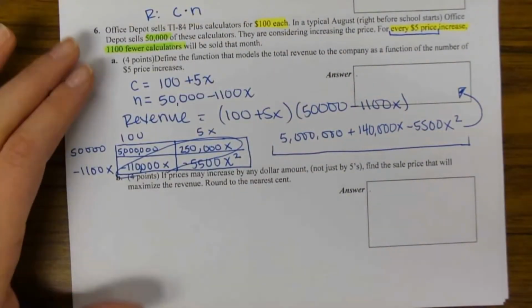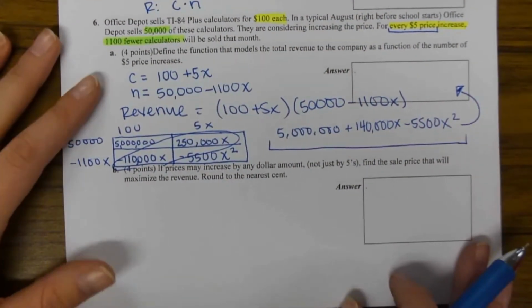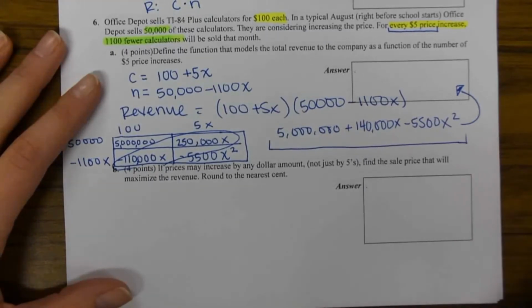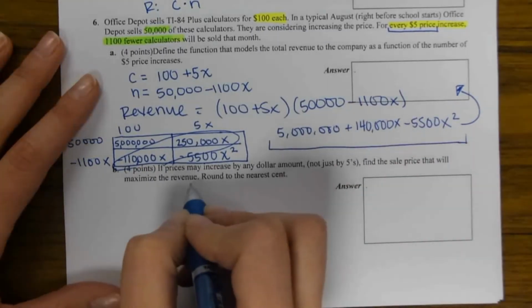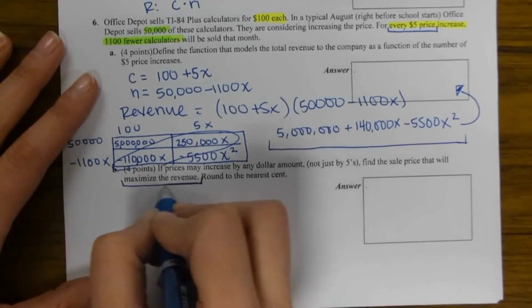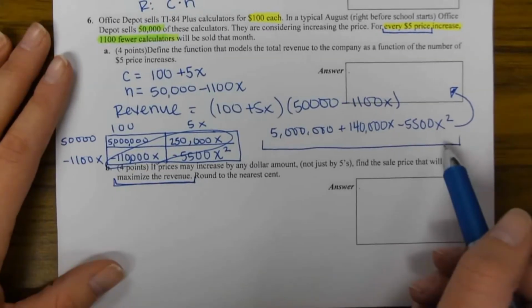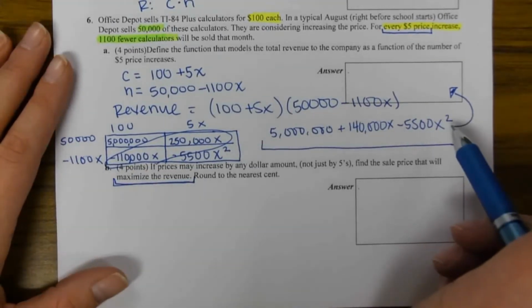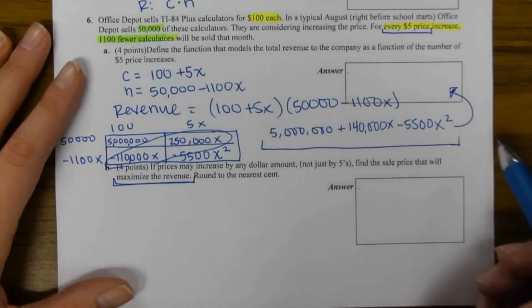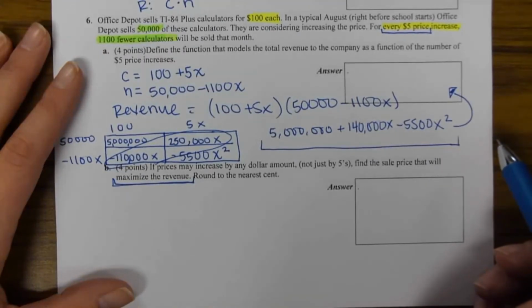So as we move through this, the next question says, if prices may increase by any dollar amount, not just by fives, find the sale price that will maximize the revenue. Well, this equation is quadratic. I know it's quadratic because its highest degree is squared. So how do you find the maximum of a quadratic?